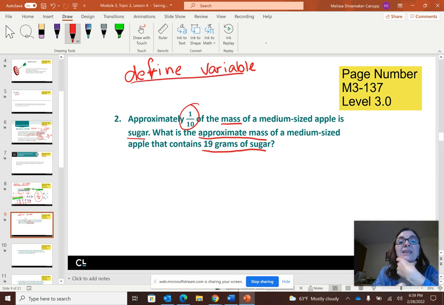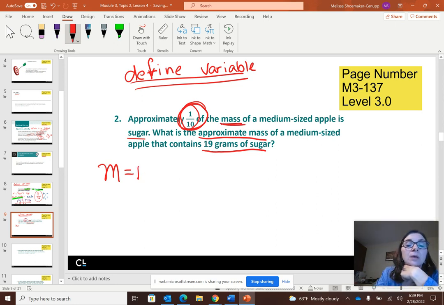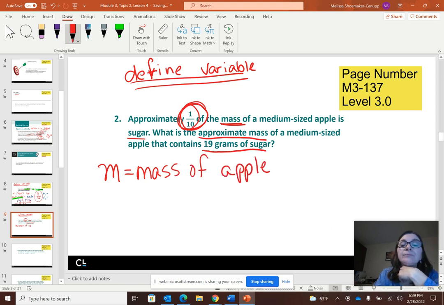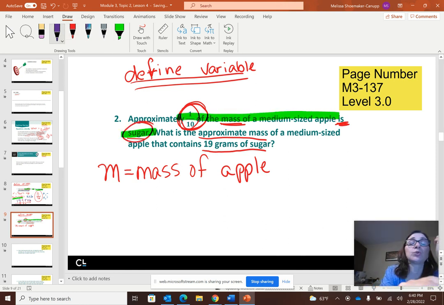So we're defining the variable. I'm going to use M for the apple's mass. And it says 1/10 of the mass is sugar. I hope that you guys remember those words that I told you about.